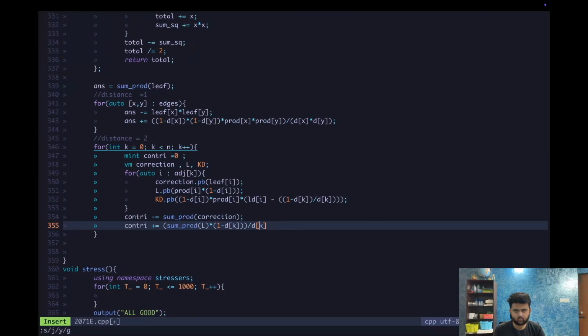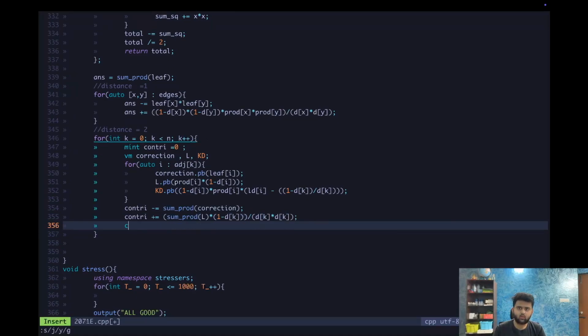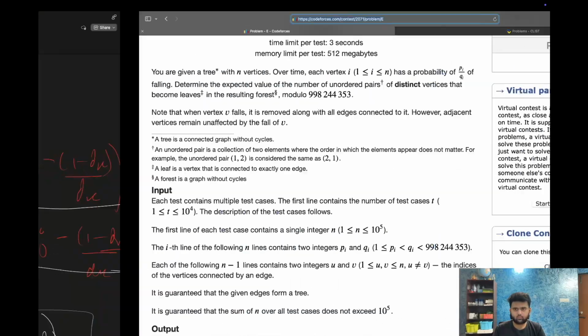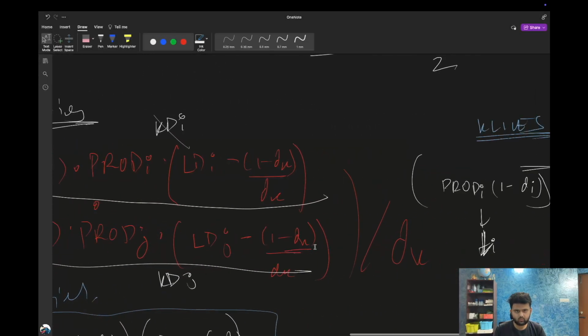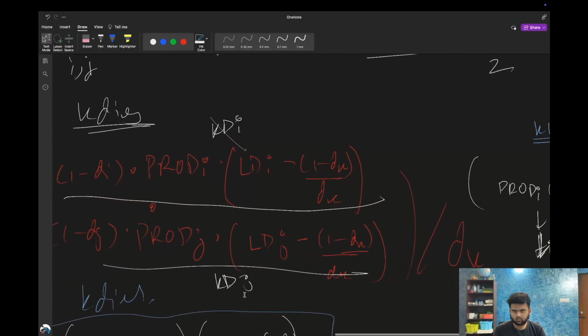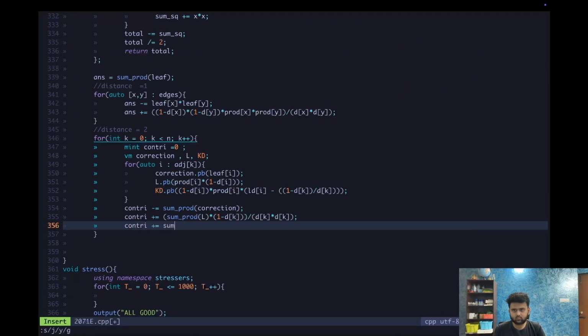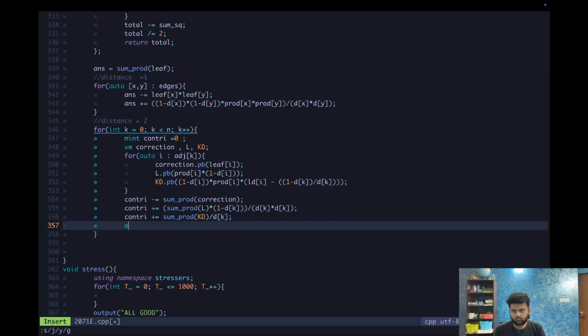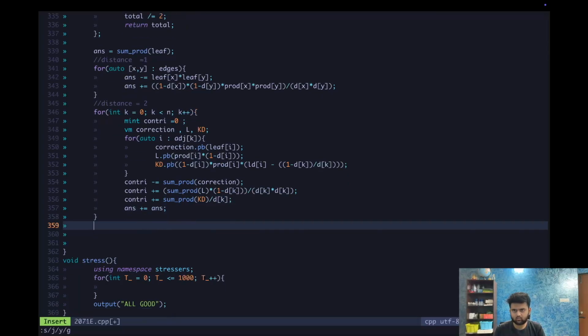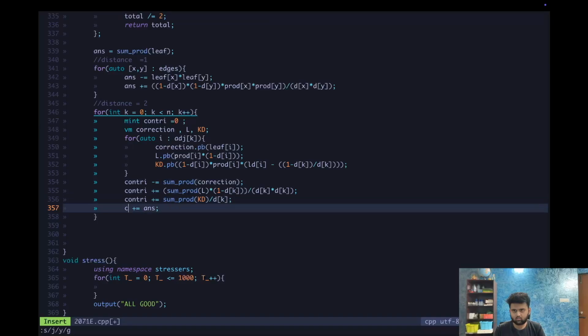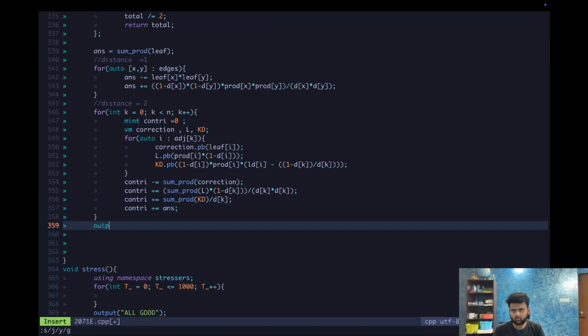And the dead part, is there any other term missing? By dk. Okay, so that's done, and then we add the contributions to our answer. At the end we print it.